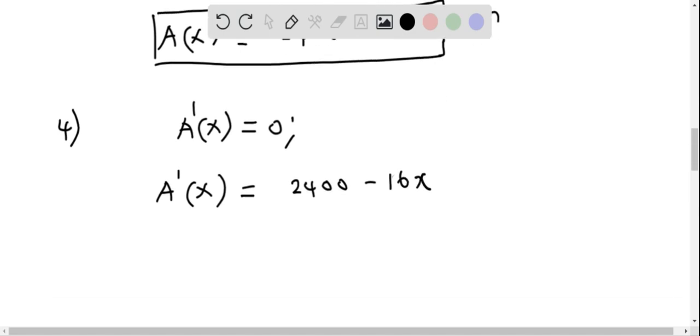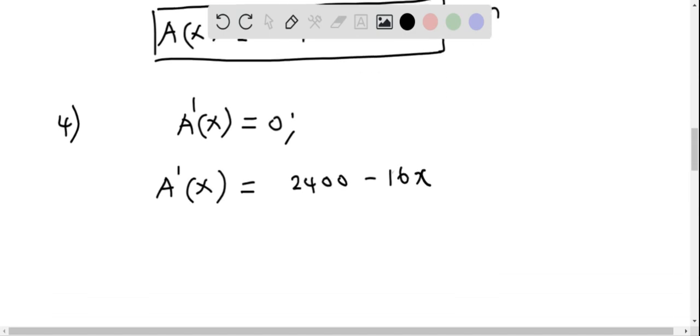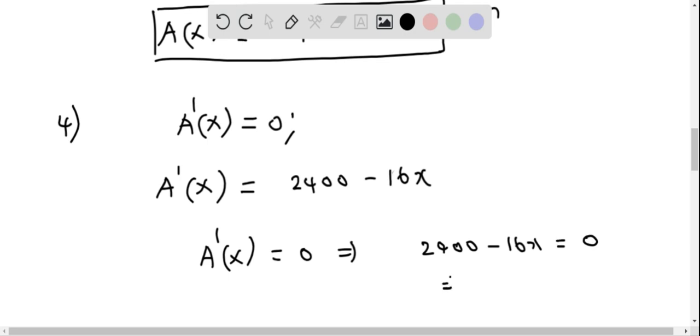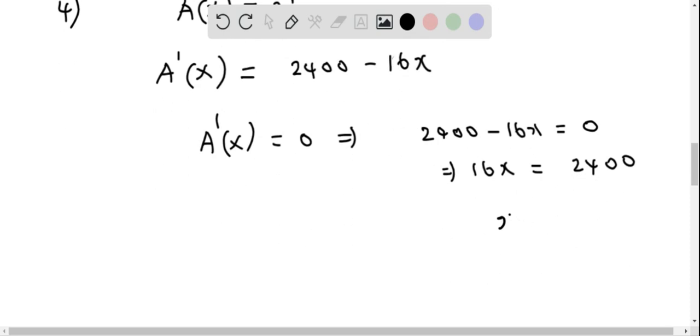Now we have to set this equal to 0 and find the critical number, that is x. So 2400 minus 16x equal to 0. This implies 16x equals 2400. So therefore x equals 2400 by 16, and this is equal to 150.